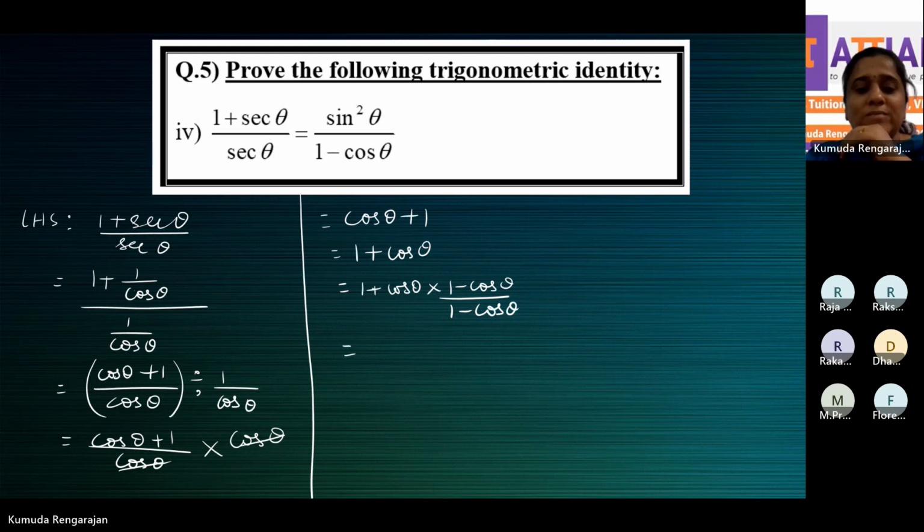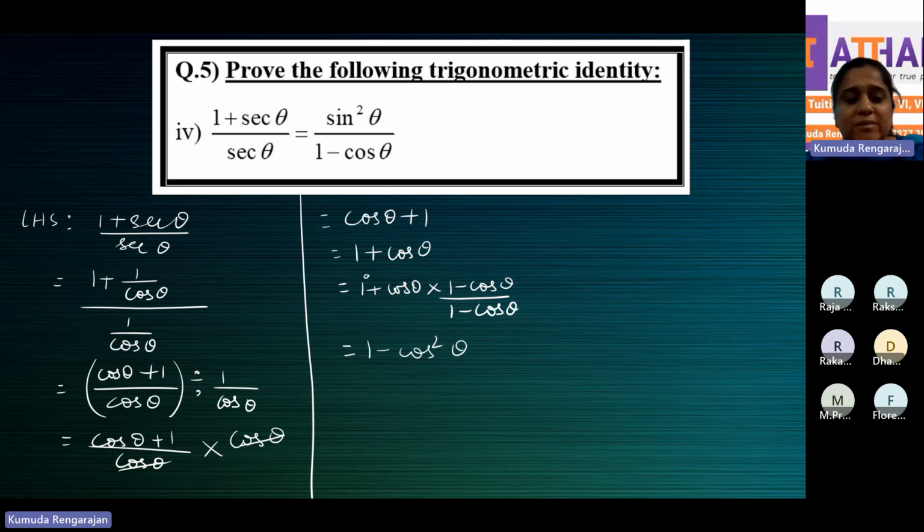So now 1 plus cos theta into 1 minus cos theta is 1 minus cos square theta. Correct? Because it's like A plus B into A minus B, A square minus B square: 1 square minus cos theta the whole square, cos square theta, divided by 1 minus cos theta. Now don't disturb the denominator because we already got it.